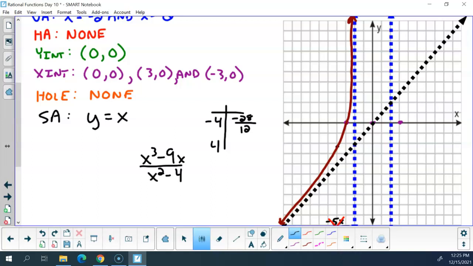Positive 4 cubed would be positive 64. 4 times 9 is 36. 64 minus 36 is positive 28. 4 squared is 16, minus 4 is 12, so that would be positive 2 1/3, which makes the left zone of my graph be as such.